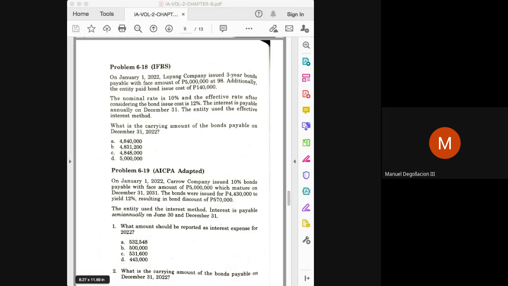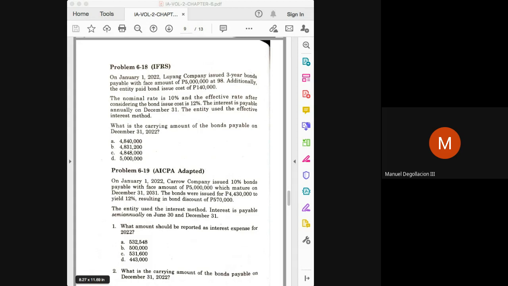So the face amount of the bond is 5 million, but it was sold at 98, and that should give you the price. You multiply 98% with 5 million, you would get a price of 4,900,000. Then you deduct the 140,000 because even though you sold it for 4,900,000, since you paid bond issue cost of 140,000, the net amount of money that you would get would only be 4,760,000.